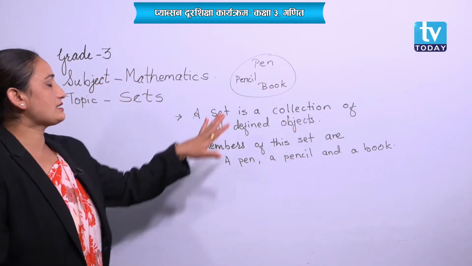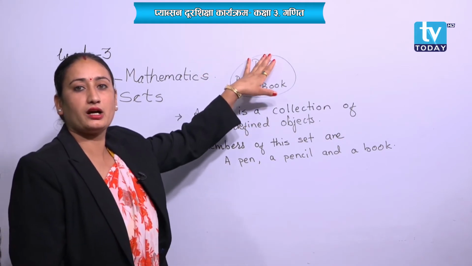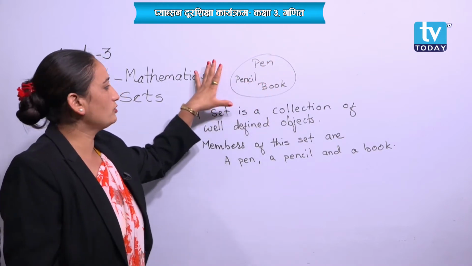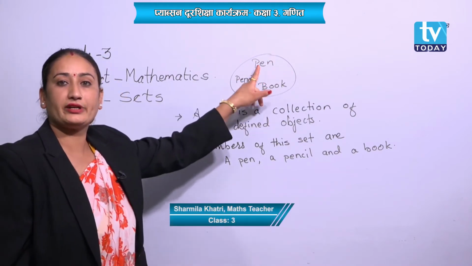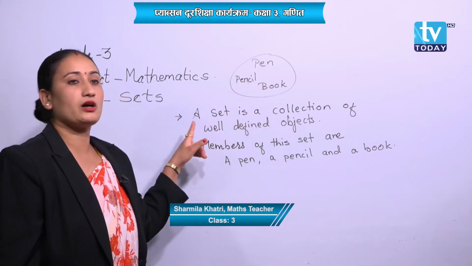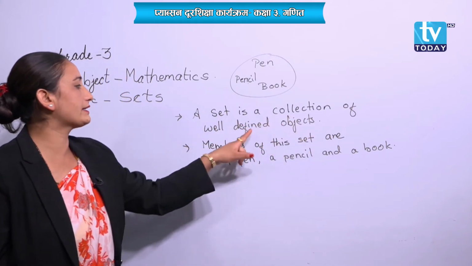So, this is the set which is surrounded by a circle or oval in shape, right? This set has a pen, pencil and a book. So, we call it a set is a collection of well-defined objects.